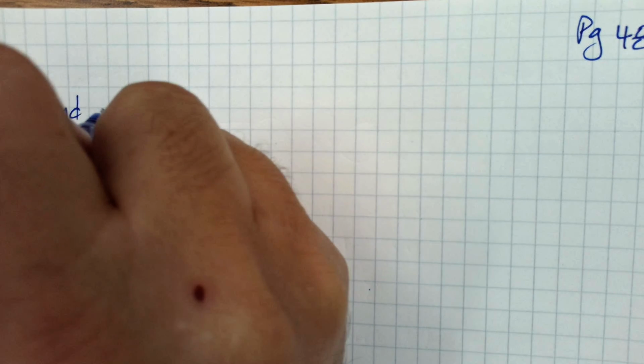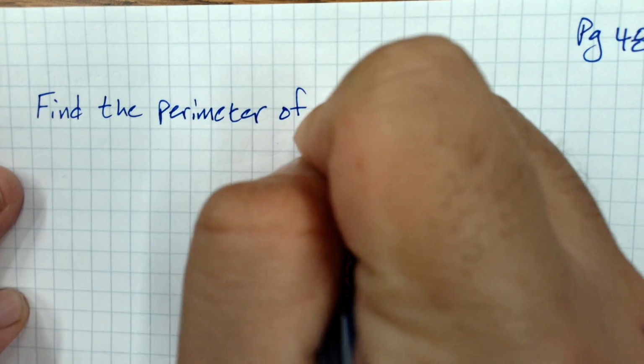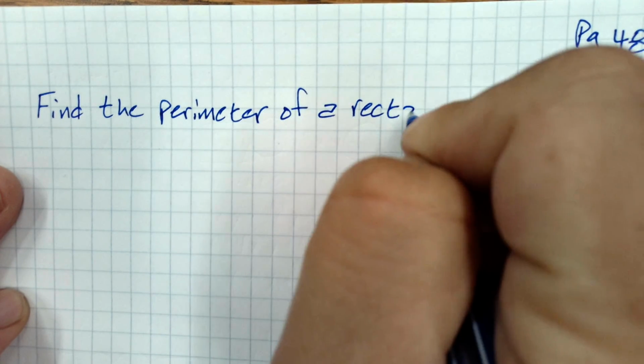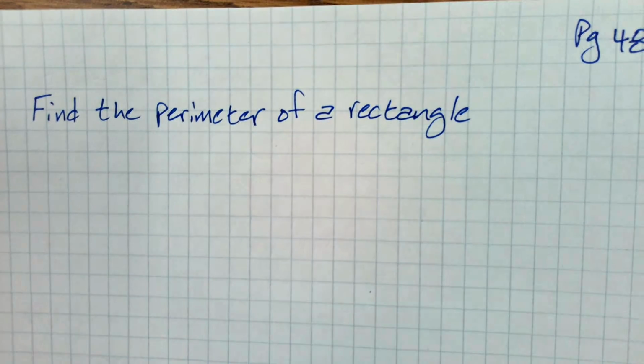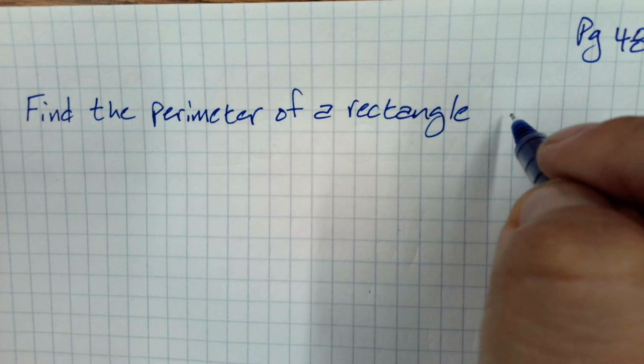So this is find the perimeter of a rectangle. A rectangle has two sides that we usually label. We have a length and a width, right?